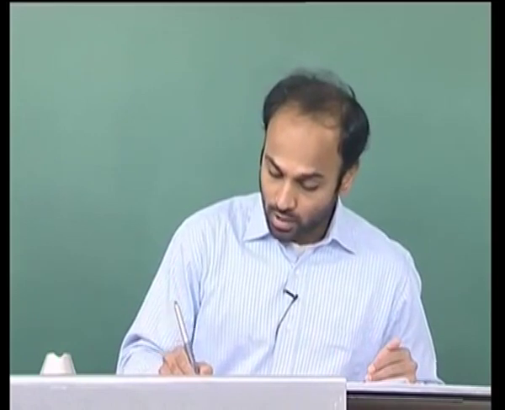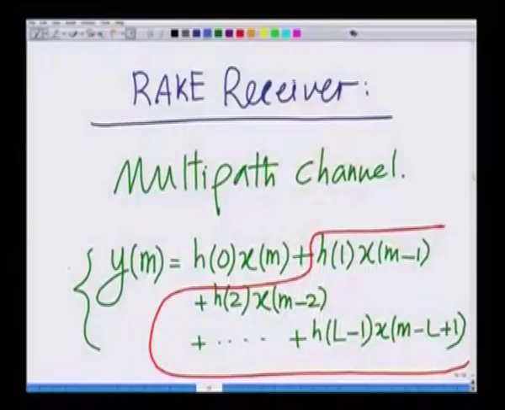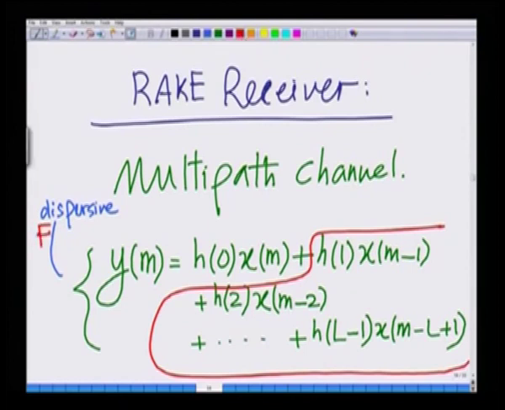Hence, another name for this is dispersive channel, or we also saw that another name for this is a frequency selective channel. In time domain, this means inter-symbol interference.